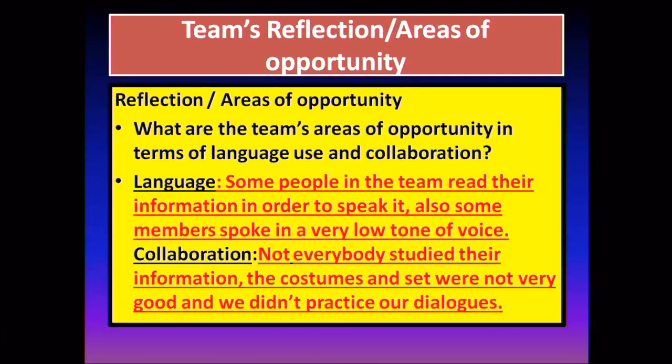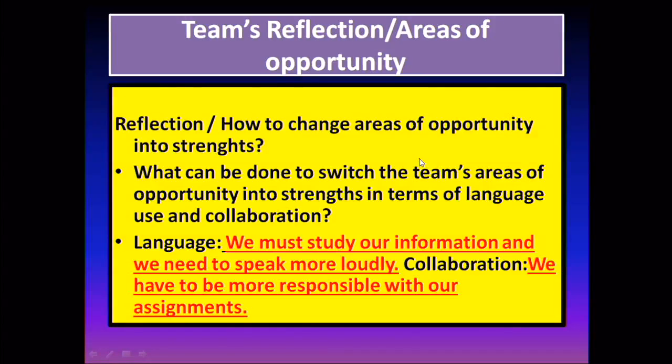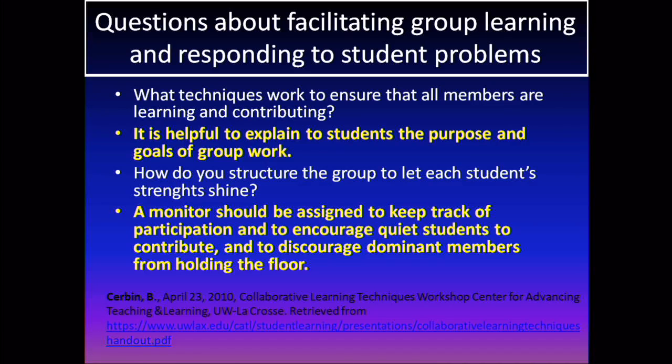For example, they can say that. And what can be done in order to get better? For example, in language, we must study our information, and we need to speak more loudly. And in collaboration, we have to be more responsible with our assignments.